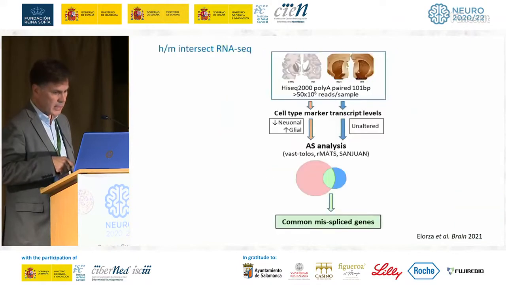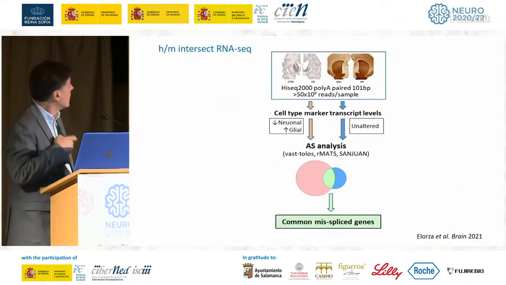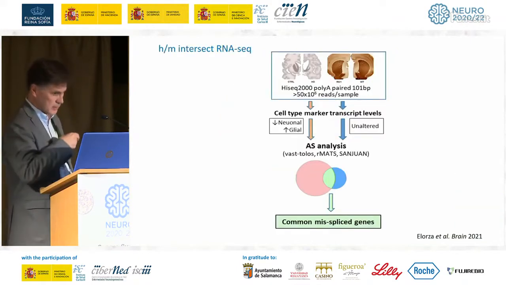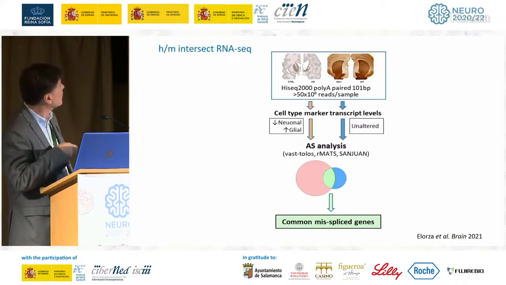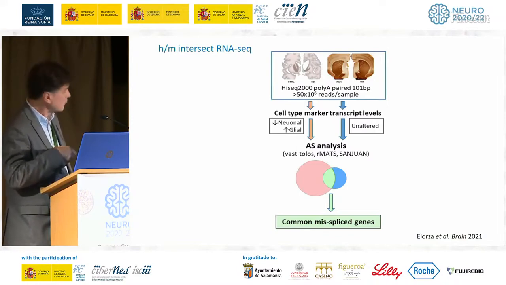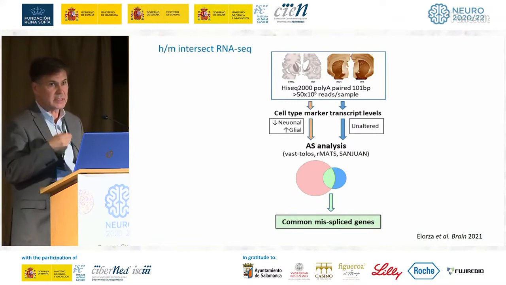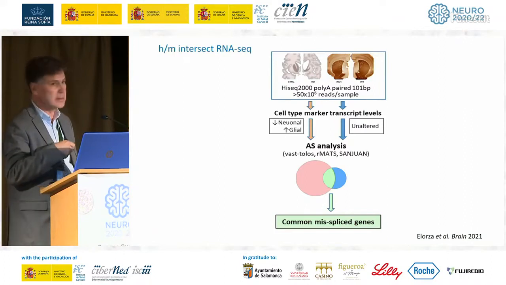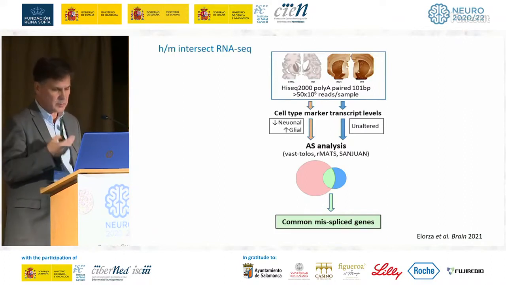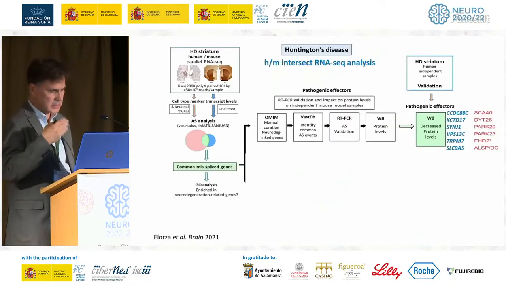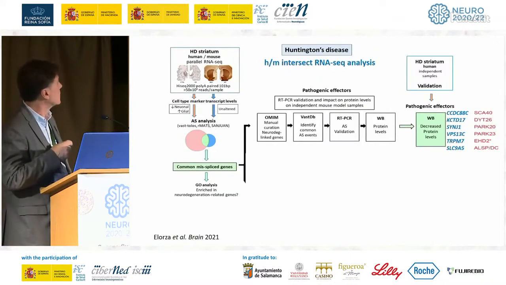So by performing deep RNA-seq of these 2 types of samples, the human and the mouse samples, and by obtaining this common signature of misspliced genes in the striatum of the patients and of the Huntington mice, we reasoned that probably this signature is going to be the result of the toxicity of the mutation rather than the adaptations and the compensatory changes in the tissue.